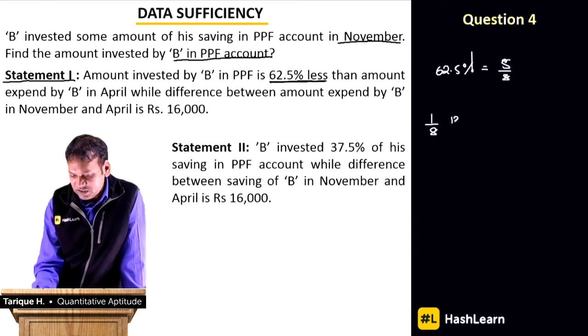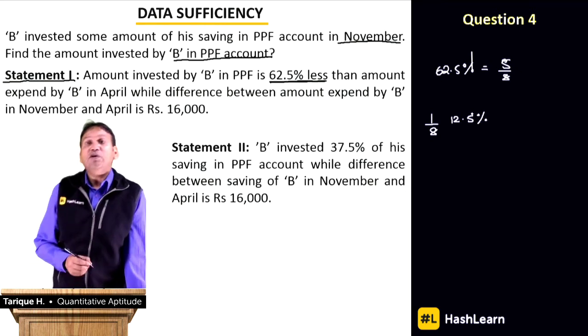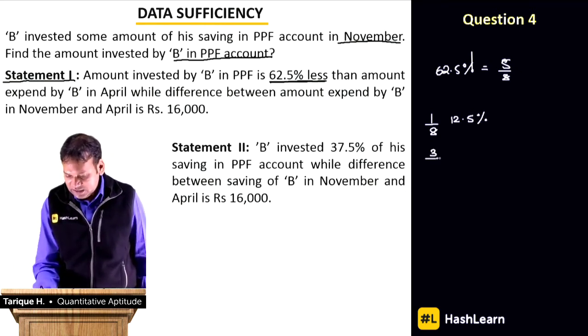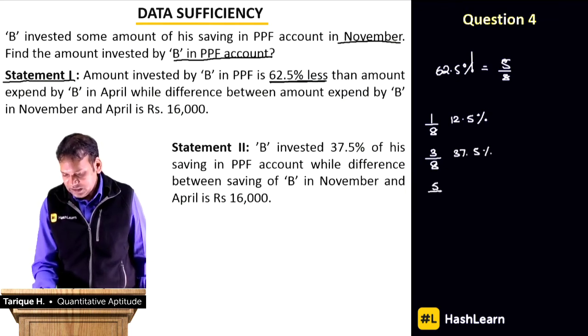In percentage we have discussed this earlier, that fractions and percentages go together. So 1 by 8 is 12.5%, 3 by 8 is 37.5%, 5 by 8 is 62.5%, and 7 by 8 is 87.5%.